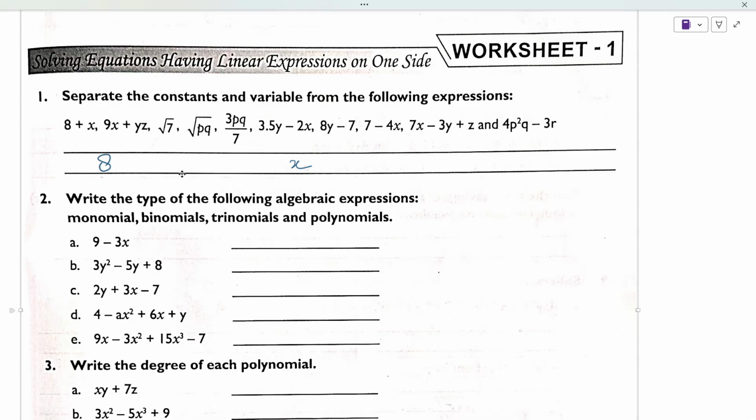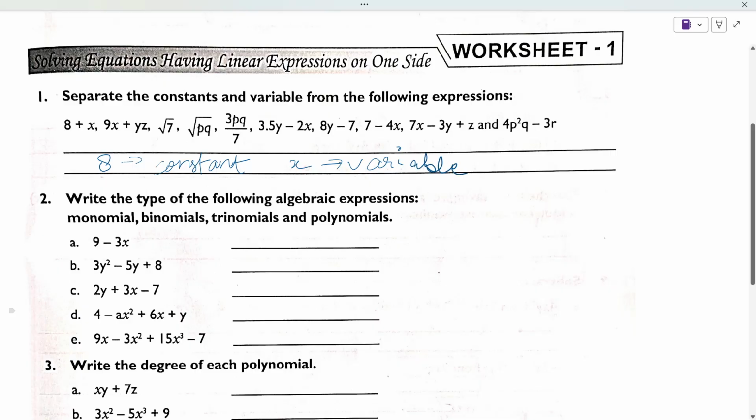Likewise, if we see the second part, so likewise you can also write in your notebooks.